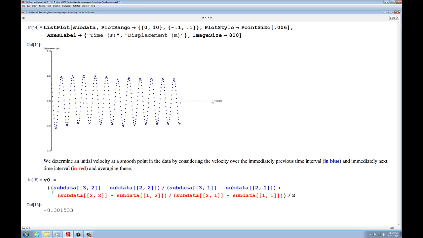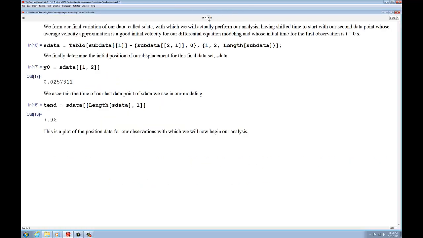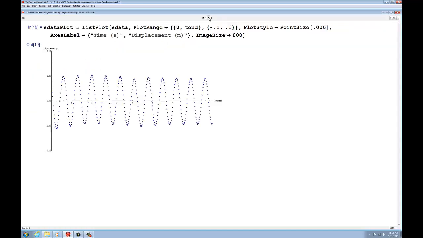Here we're computing the initial velocity by taking the velocity between the second and third time observation and the velocity between the first and second observation and averaging those to get a smooth initial velocity for our differential equation. We have an initial position right here, and now, instead of 8 seconds worth of data, we've got a few less data points, up to about 7.96, more than enough data points. Here's what it looks like over the 8-second interval.